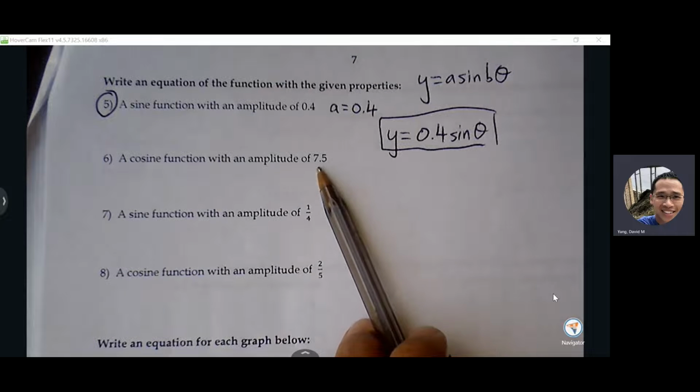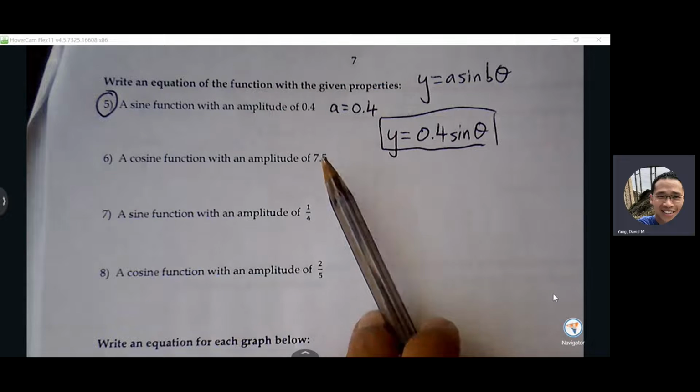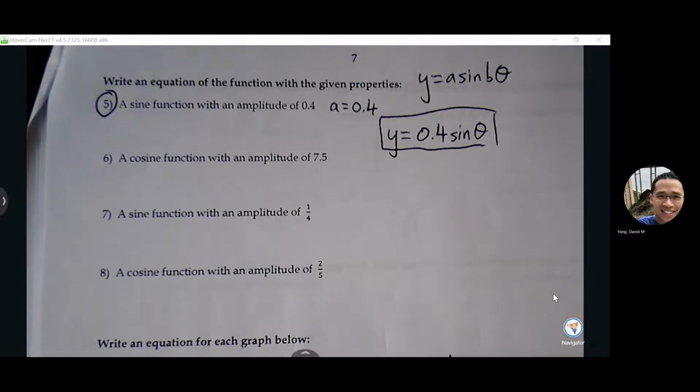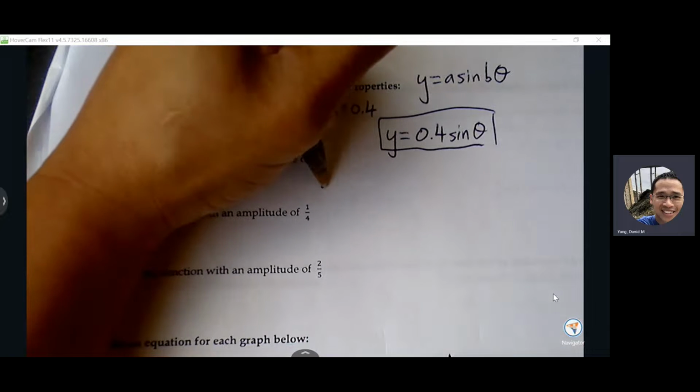You're just replacing the A value with what they tell you the amplitude is. We'll do those quickly, and then I want to talk about 9 through 12, where we're going to be creating, see if we can create the function that we have in front of us here.